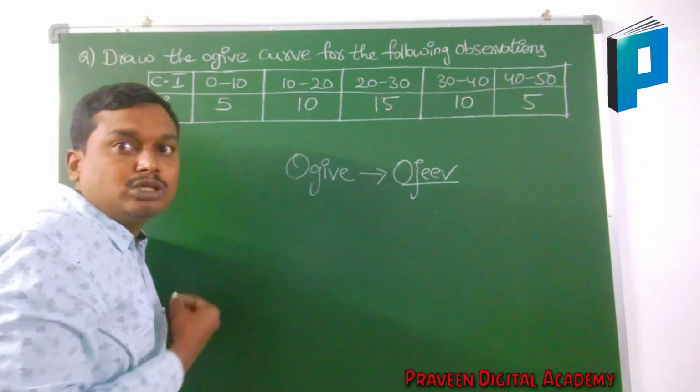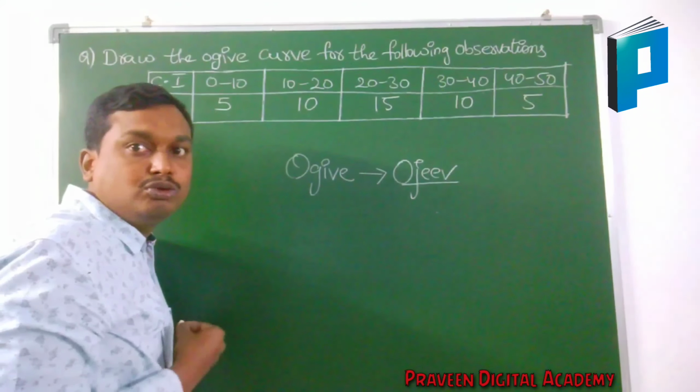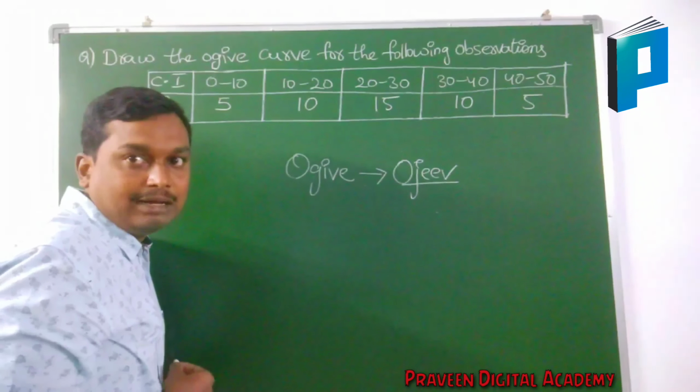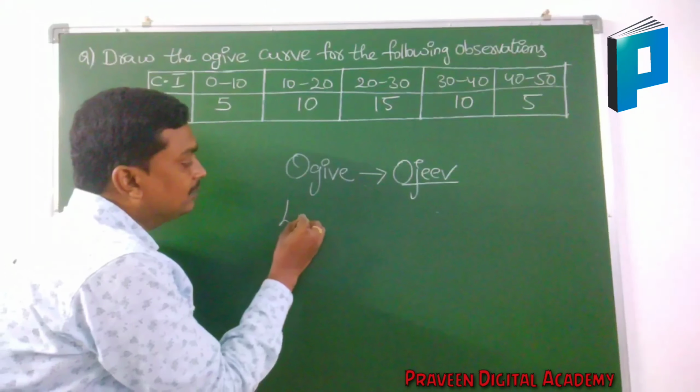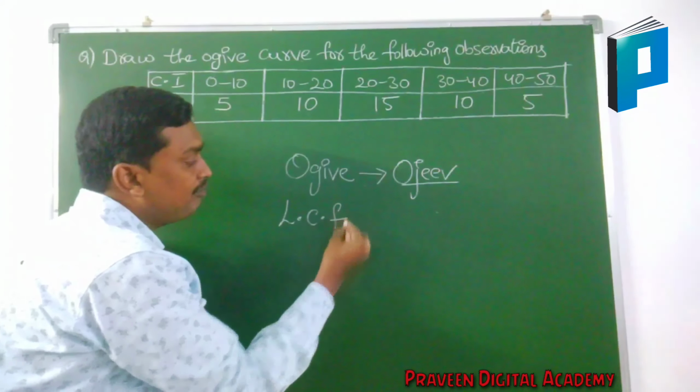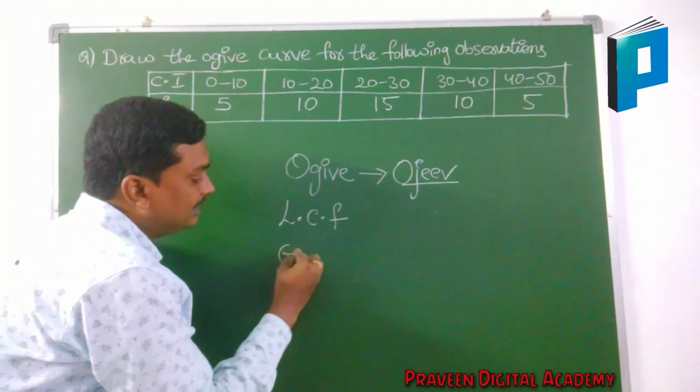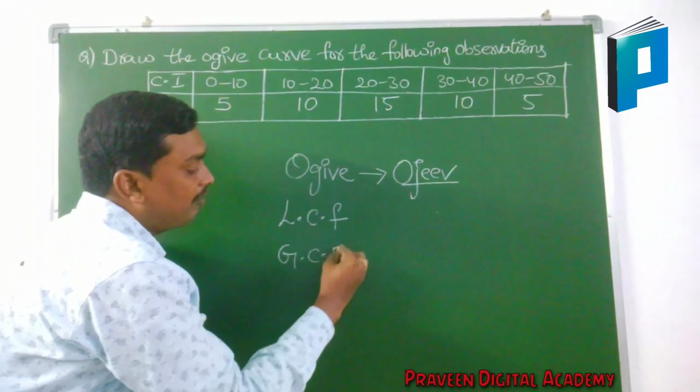And to solve the ogive curve, you should know two terms. The first one is LCF, the second one is GCF.